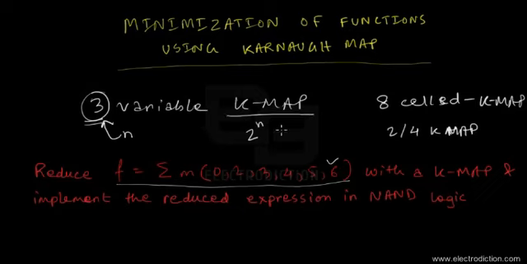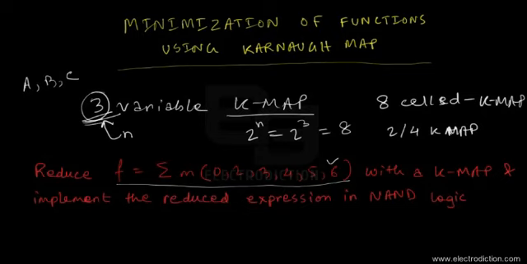Here we have 2 to the power 3, since we have 3 variables, so that gives us 8. Since we required an 8-celled K-map, that means that our expression, which we shall reduce using the K-map, will have 3 variables. Now let's just take the variables as a, b, and c for our convenience.